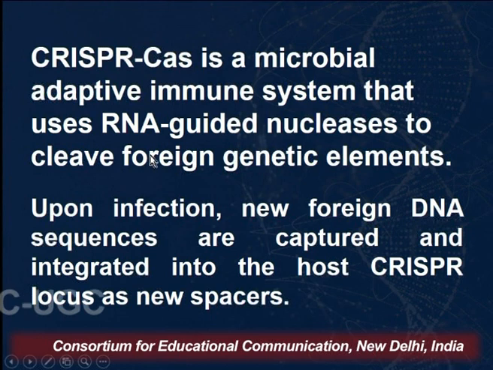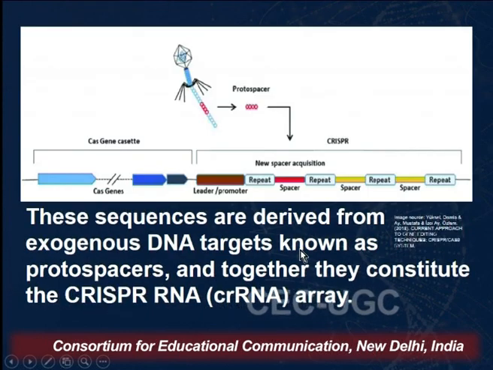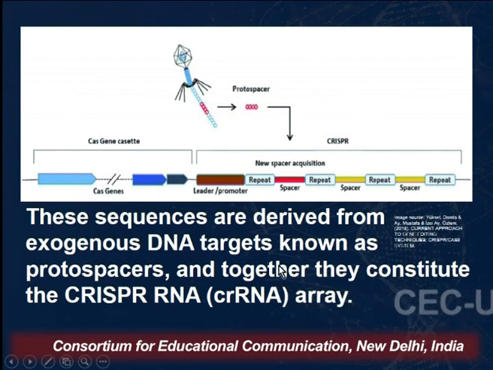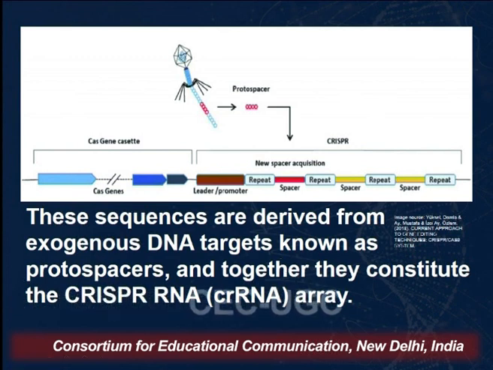Now what is the use of this CRISPR loci? We are harnessing it for biotechnology, for developing a genome editing tool. But why was this a natural phenomenon occurring in bacteria? What is the significance of this CRISPR-Cas system to the microbial cells from where they have been isolated?